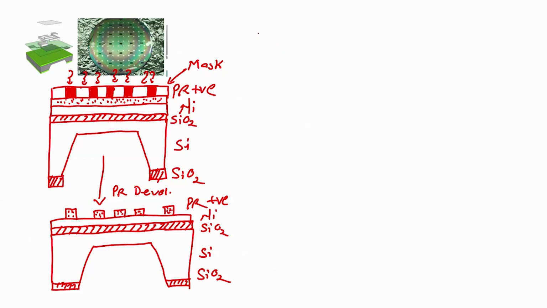After hard baking, the next step would be etching nickel. So, if I etch nickel, what will I have?